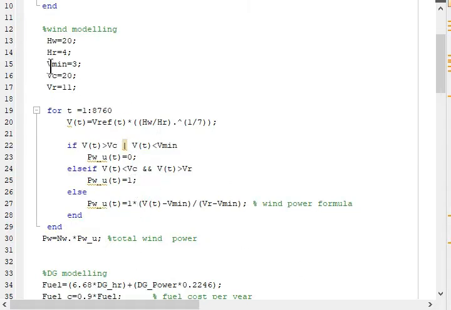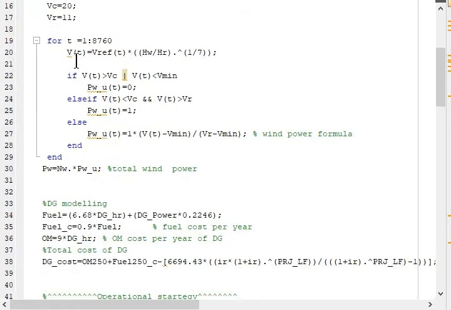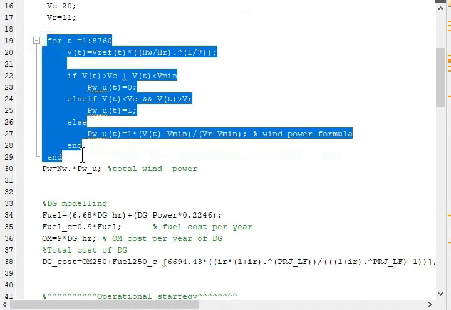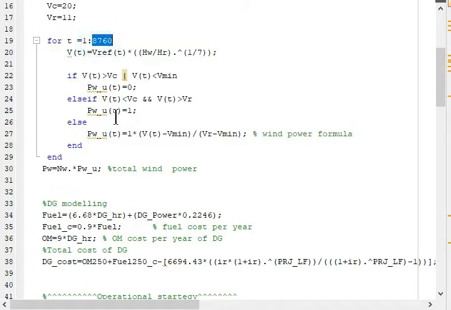The cut-in speed and the cut-out speed of that wind turbine are: cut-in is 3 meters per second minimum, below 3 meters per second it will not generate, rated is 11 meters per second, and cut-out is 20 meters per second. So we are running a power loop for 8760. This is the number of hours; we are simulating on hourly operation, so it's the number of hours in a year.